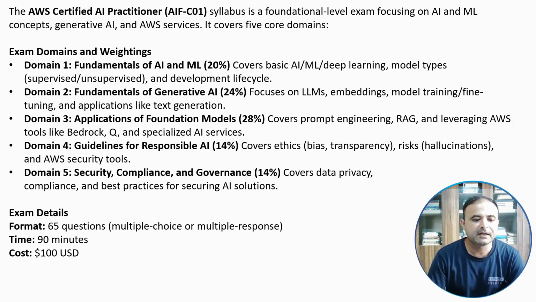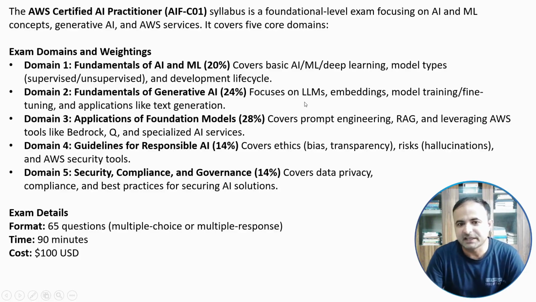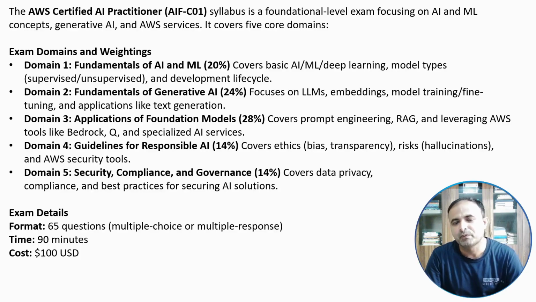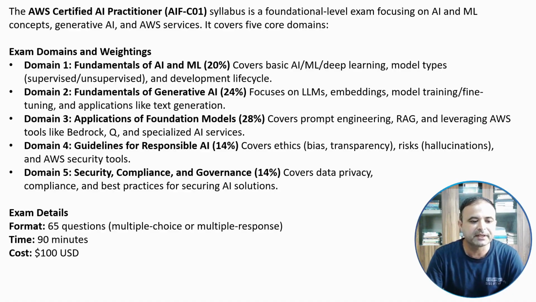Domain two, fundamentals of generative AI, 24%: focus on LLMs, large language models, embeddings, like how to convert text to vectors, vector DB, model training, fine-tuning, and applications like text generation.